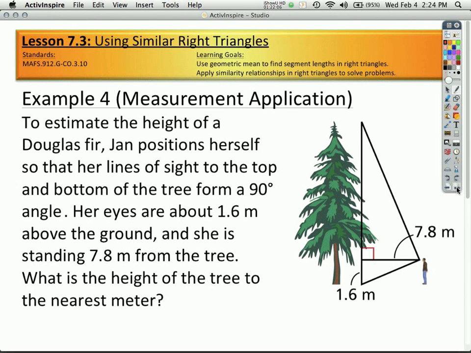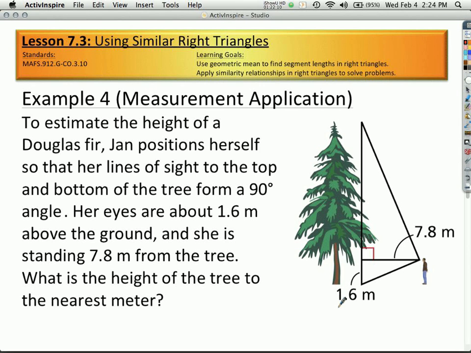But if you want to measure something that would otherwise be impossible to measure, there's no measuring tape as long as a Douglas fir. There's no way you could get up on a crane and have someone hold a measuring tape at the bottom and you go up to the top and measure it. It's not practical.